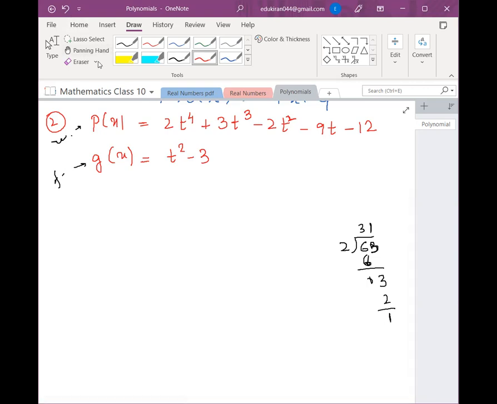So the same thing I have to do here. I'll divide my p(x) by g(x), and I'll see whether I'm getting the remainder 0 or not equal to 0. If I'm getting 0, then g(x) is a factor. And if not, then g(x) is not a factor of p(x). Clear? So let's divide.